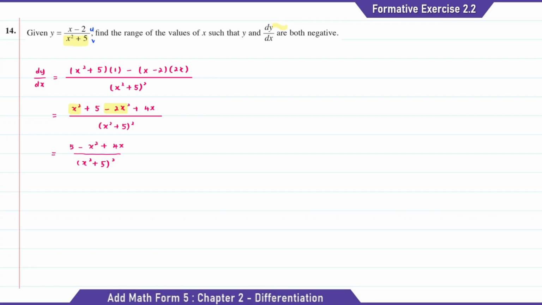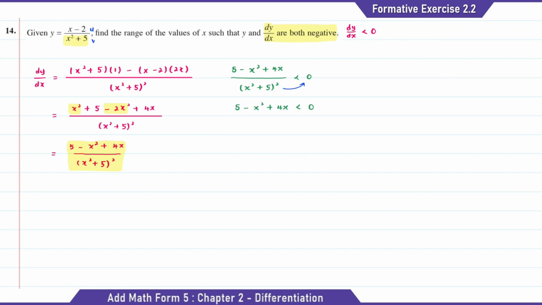So here the condition is dy/dx is negative, which means dy/dx is less than 0. Therefore, this is less than 0. To solve this, move the denominator to the right hand side. This is less than 0, as anything multiplied by 0 is 0.